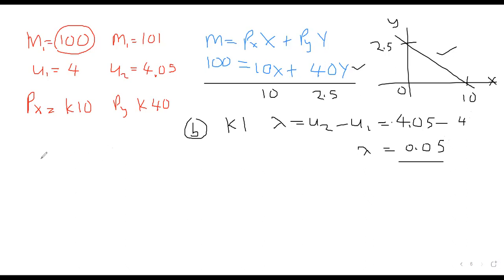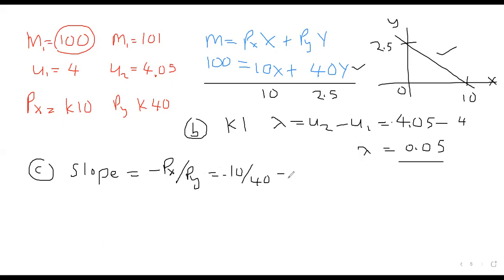Number C, find the slope. The slope is simply given by negative PX over PY. So this is negative 10 over 40. We get negative 0.25. This is what we call our slope.